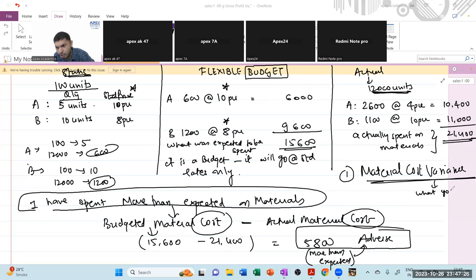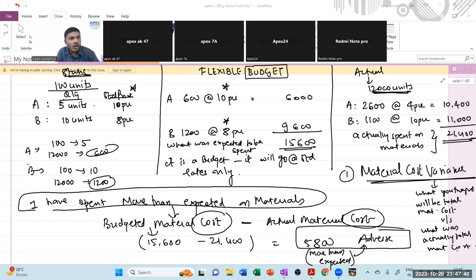What you thought will be total material cost versus what was actually total material cost. This is what you thought versus what is actual.